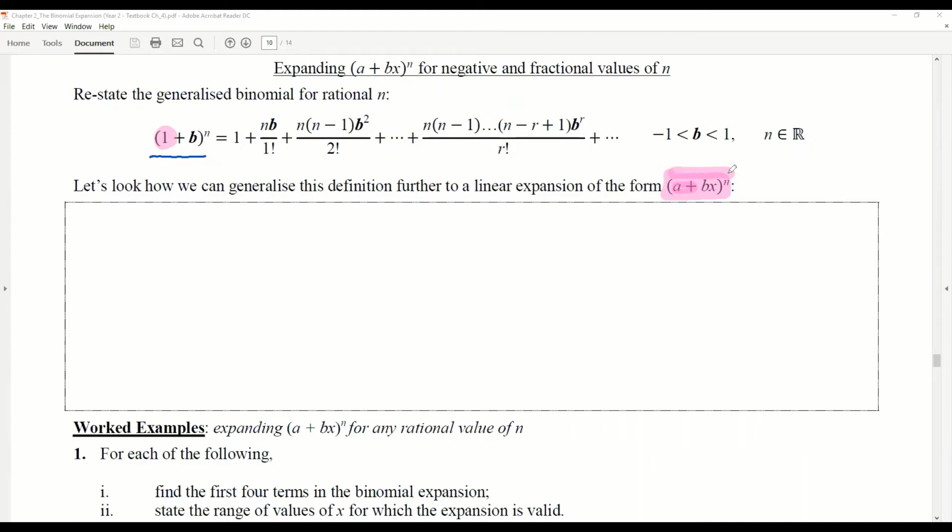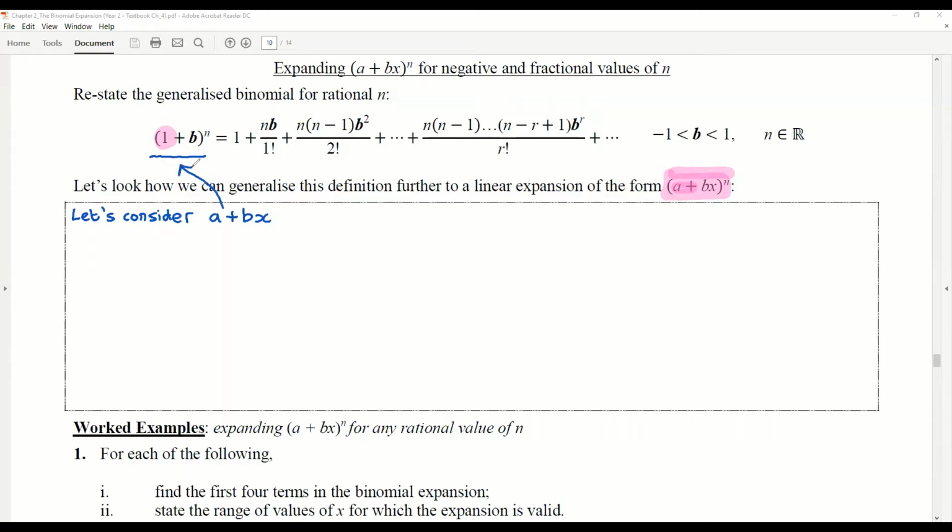Now, we've already done some of the work in the warm-up exercise. So if I start with this, let's have a look at a plus bx first of all. So first of all, let's consider just a linear expression as it stands. How did we create the 1 that we know we can use up here?